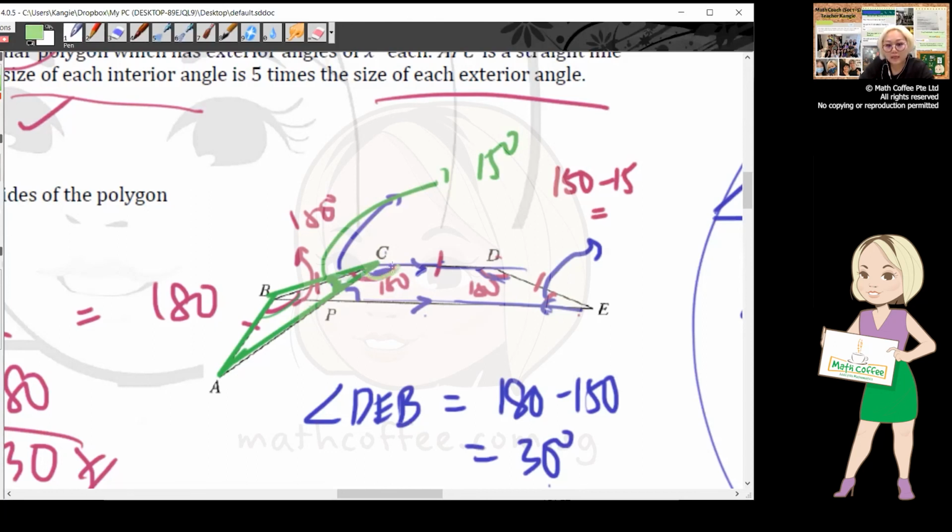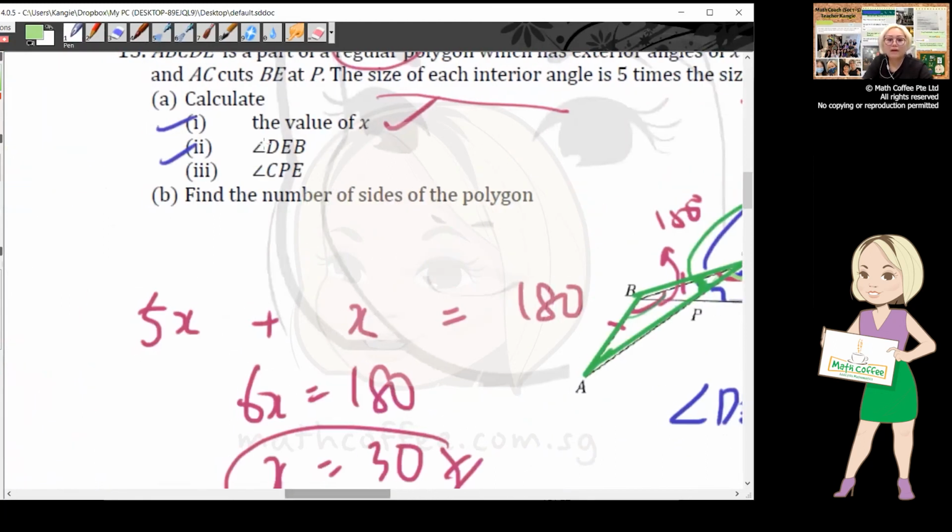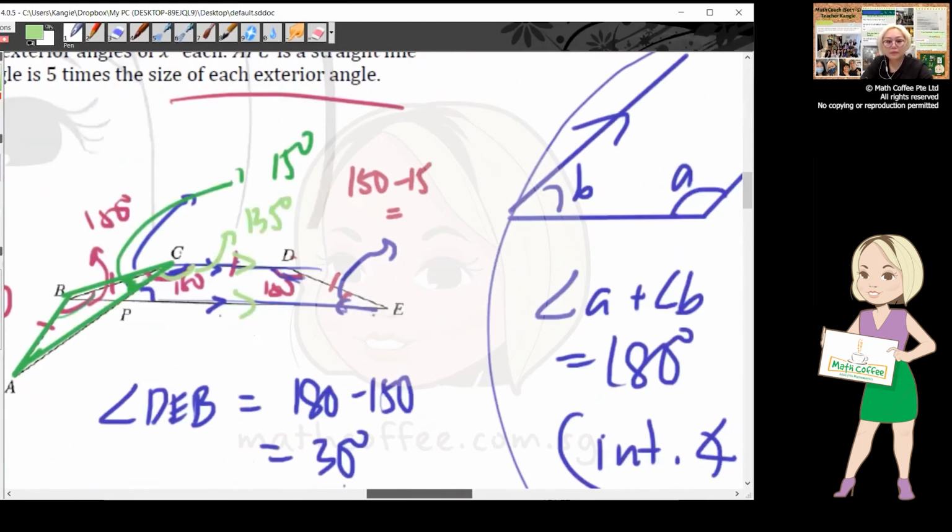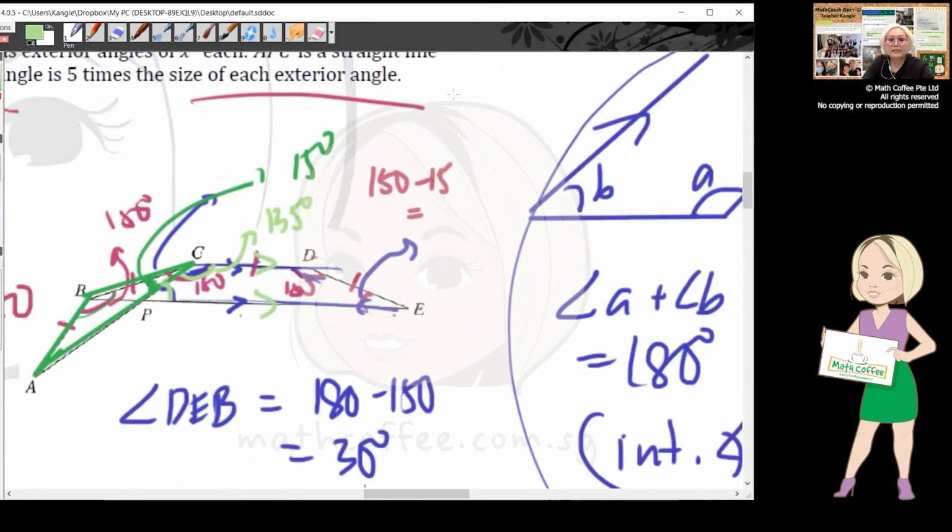This angle here is 135 degrees. And just now we already agreed that this is parallel. So the question that asks me to find CPE is this one. I simply take 180 degrees minus 135, and I get 45 degrees. Answer.